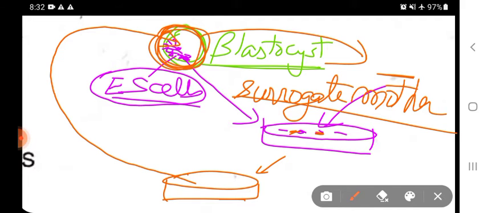And in this way we introduce our desirable gene into the cells. I hope you have understood what I have tried to say here.